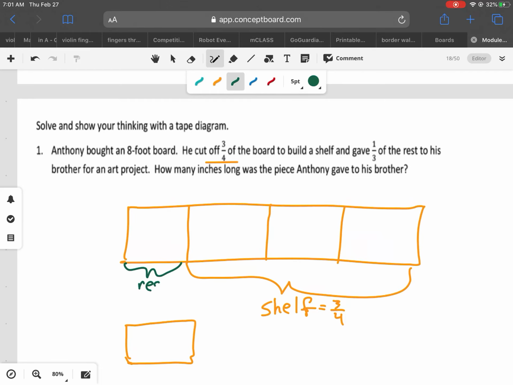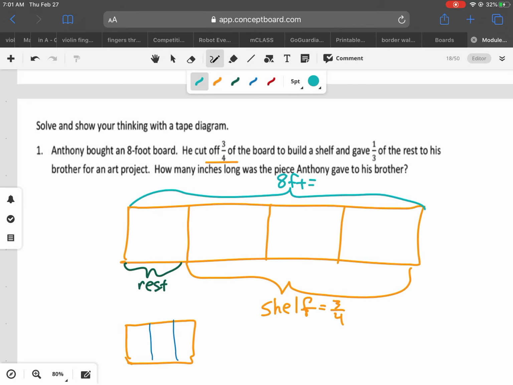The rest. Okay. So now we have the rest, and he gave 1/3 of the rest to his brother. So now we need to cut this into thirds. Okay. And another piece of information that we have is that the whole thing is equal to 8 feet.